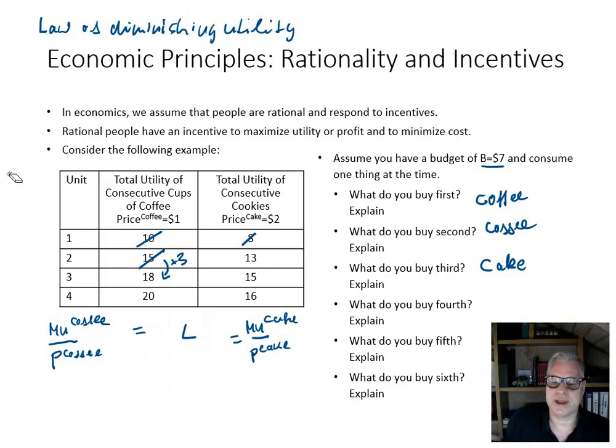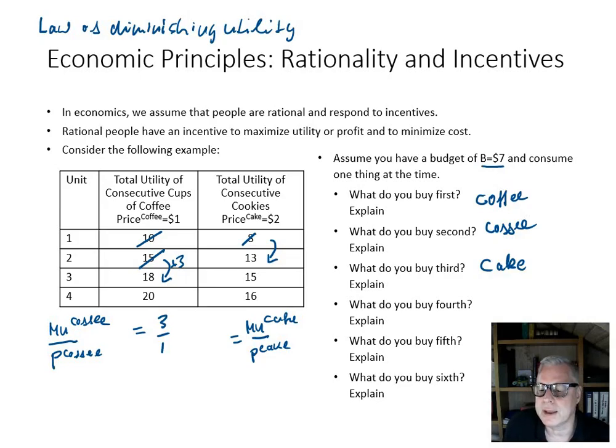Shall I have next? So now I have to decide, shall I have a second cake or a third cup of coffee? If I have a third cup of coffee, then I get an extra utility of 3, from 15 to 18. That's a plus 3. 3 per dollar spent, 3 over 1, that's 3.